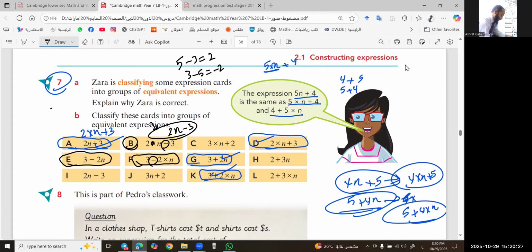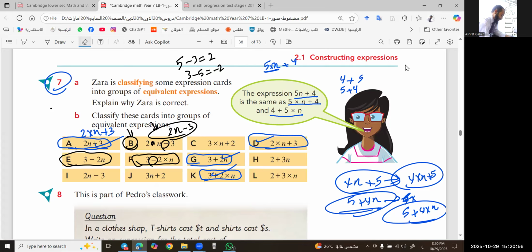I'm saying all the answers. Okay. You chose equation B. B is like which one? Are they equivalent to what? Pay attention.